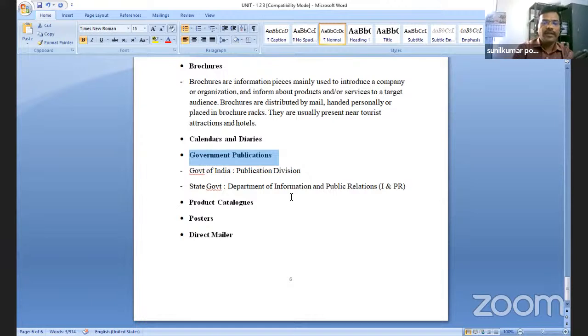Coming to the government of India, there is a publications division, which falls under the Ministry of Information and Broadcasting. And coming to the state government, there is a Department of Information and Public Relations. The staff of these departments work to produce publications.